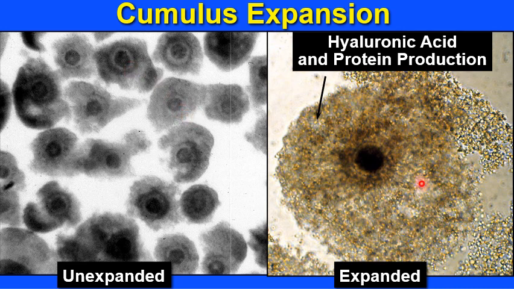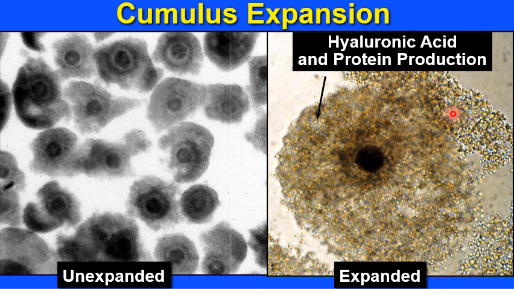We can also see in the follicle the cumulus cells. Again, under the influence of the LH, we get the expansion of the cumulus cells, as shown on the right. This is an expanded part of the cumulus cells.